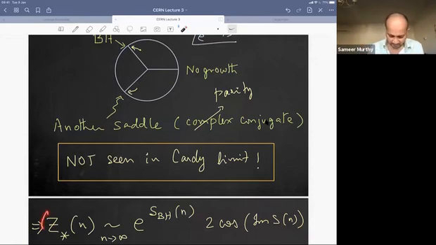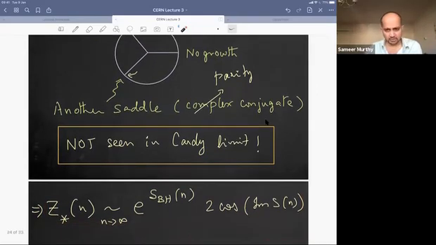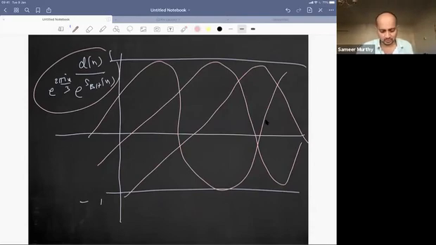If you do the saddle point analysis and include both saddles, the analytic estimate is this: you get e to the S black hole times a cosine, times a small rapid oscillation, which I've already factored out. This you can check on the nose, it agrees with if you just actually plot d of n.